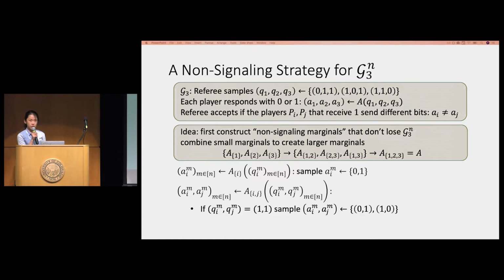Because if we sample answer bits that do agree, then immediately this marginal can't be part of a larger answer distribution that would win the parallel repeated game. But this is the only constraint that we're going to place, because otherwise we're just going to sample 2 independent random bits, a sub i to the m and a sub j to the m, for every instance of the game. So for every m from 1 to n.